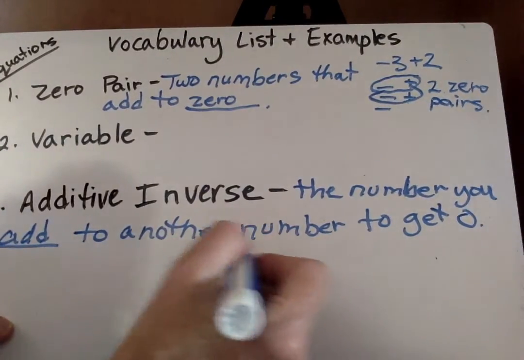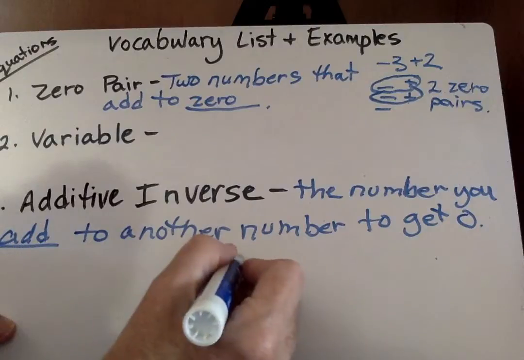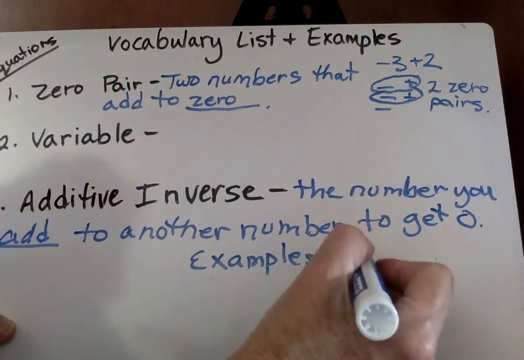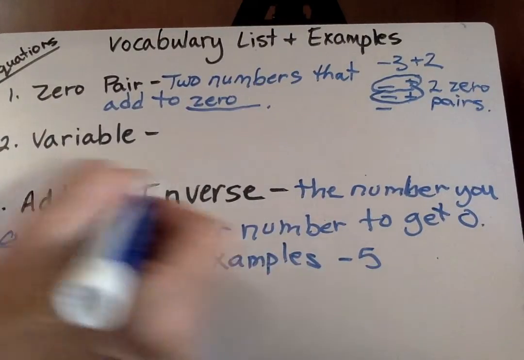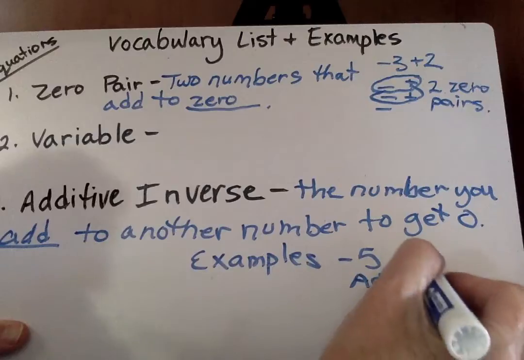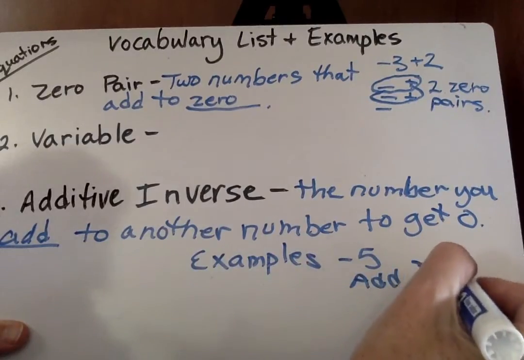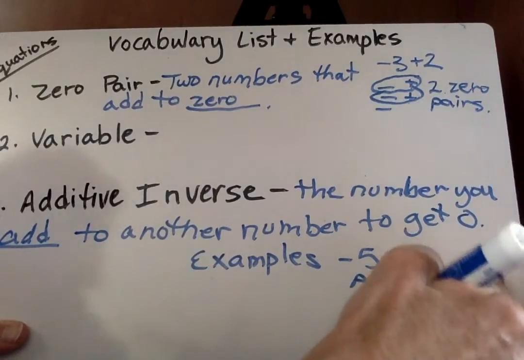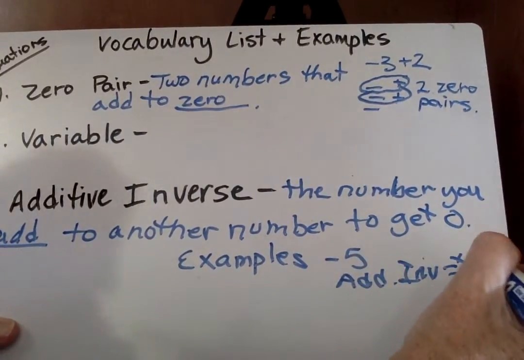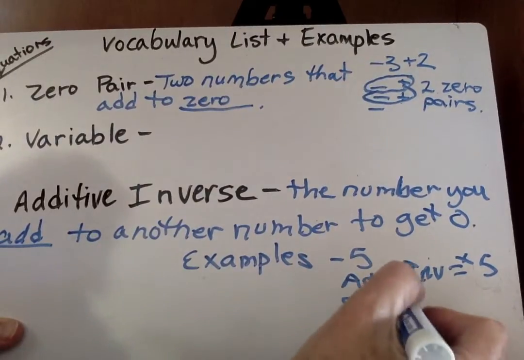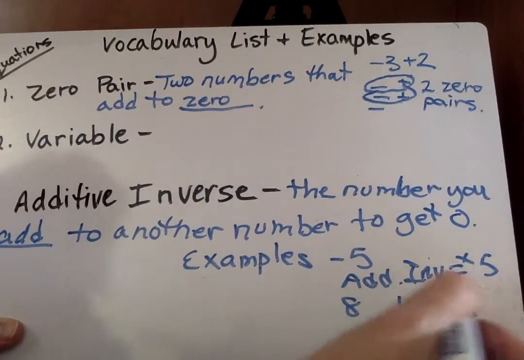So as far as examples, -5, the additive inverse, equals +5. If I have 8, the additive inverse is -8.